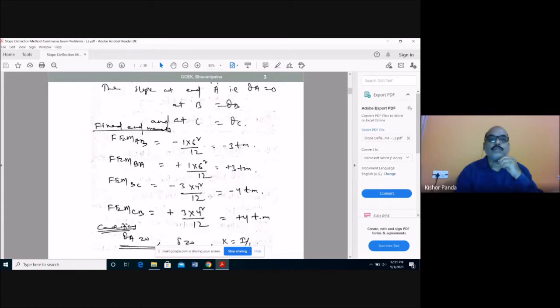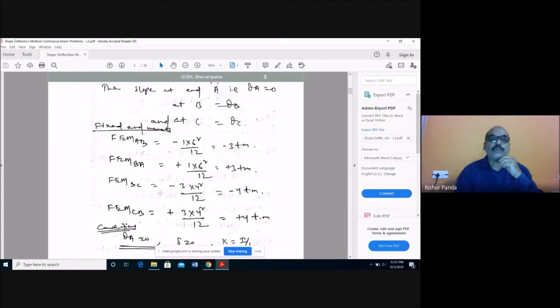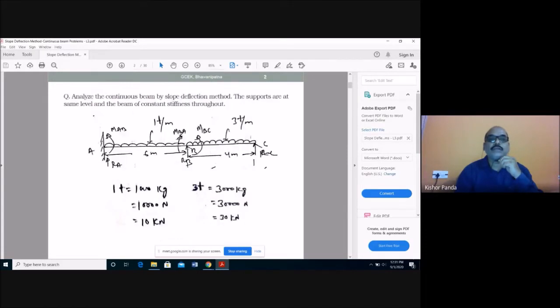Similarly, for span BC also, you have to find the fixed end moment here and here, because first you have to assume all ends of the members are fixed, and then find the fixed end moments. Similarly, the fixed end moments for BC and CB. This is BC here and this is CB.